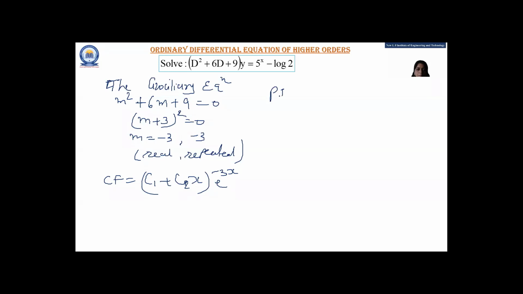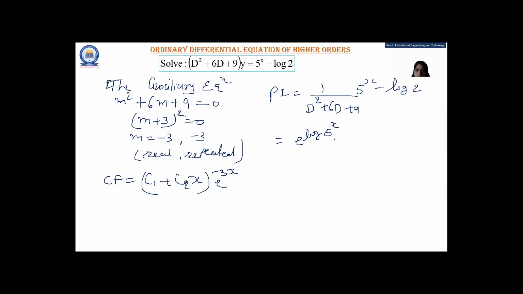So for the other part, PI is 1 upon the multiple of y, that is d square plus 6d plus 9, and your right hand side is 5 raised to x minus log 2. As per case 1, we apply case 1 for only the exponential term. But listen carefully, it is most important. If your right hand side is 5 raised to x, then you may also write this as e raised to log 5 raised to x.